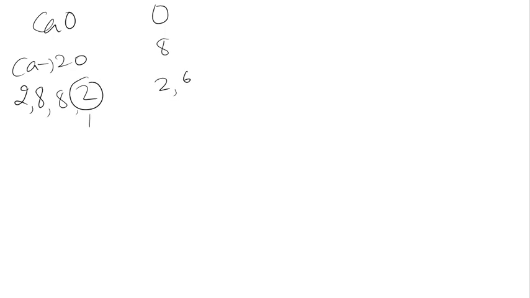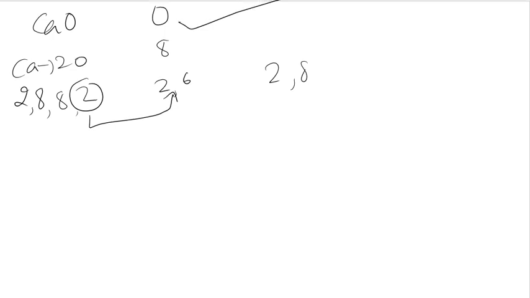Now these 2 electrons will go and be accepted by oxygen, and it becomes 2, 8, and its octet is complete. So it will be Ca2 plus and O2 minus. Clear? These both charges cancel and it becomes CaO.